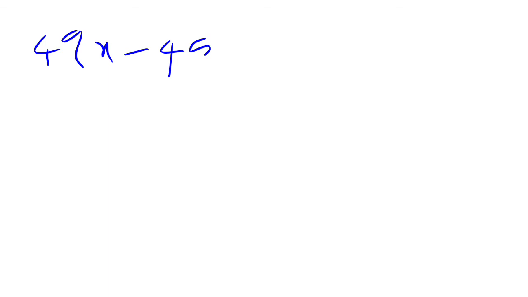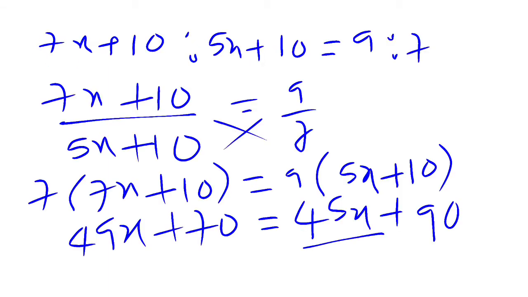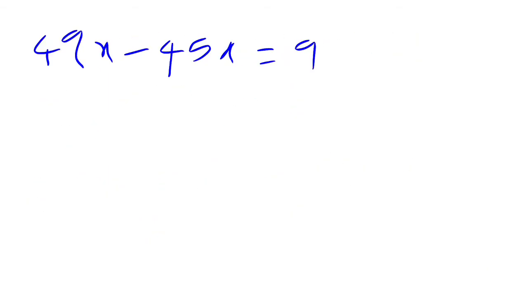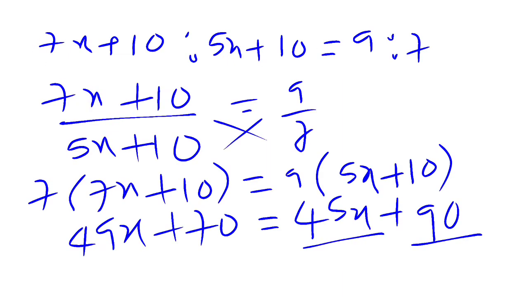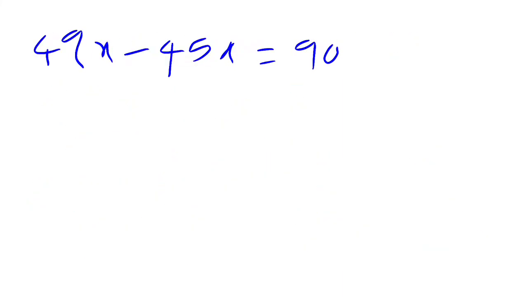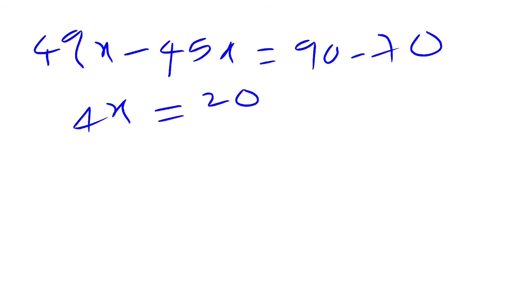So minus 45x, and the constant numbers: you should write the right side constant number first, and the left side constant number 70 is plus 70, so it is equals to minus 70. So 49x minus 45x is 4x, 90 minus 70 is 20.